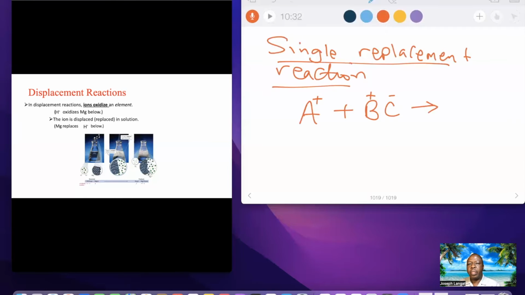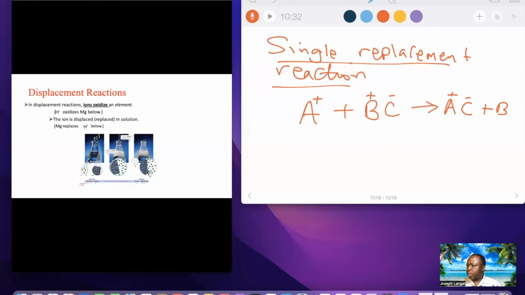If A is stronger than B, then it will replace B to form this. Remember, this is a cation, that is an ion. This is a generic way of representing a single replacement, or we call it displacement. In displacement reaction, ions oxidize an element.